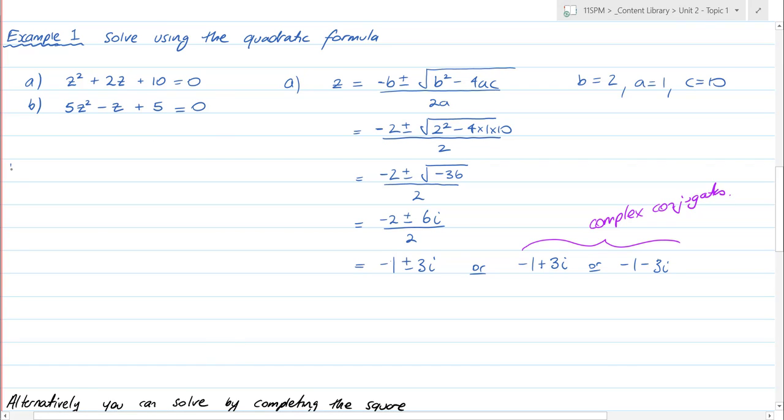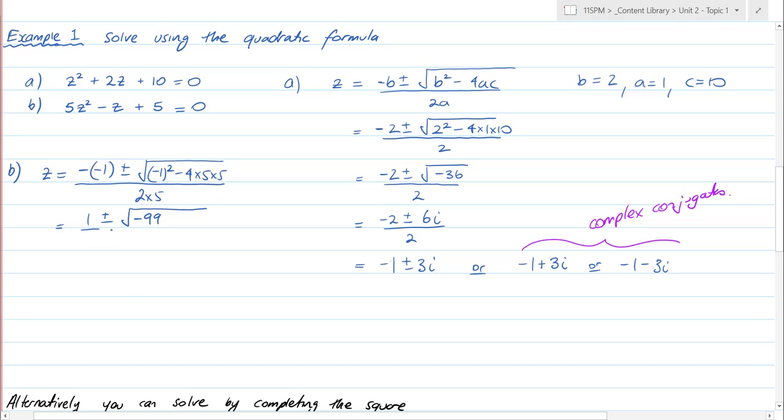Let's look at question B. 5z squared minus z plus 5. Z is equal to negative b, which is negative 1, plus or minus the square root of negative 1 squared minus 4 times 5, all over 2 times 5. And this becomes 1 plus or minus the square root of 1 minus 100.